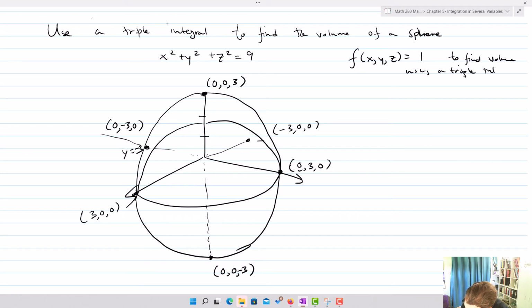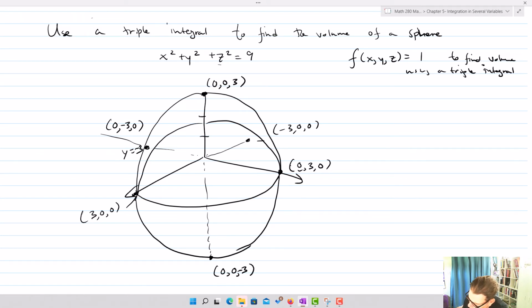Now I'm just going to set up the integral so that we can imagine what it looks like, versus actually evaluating the whole thing, because this figure is much better evaluated using spherical coordinates or cylindrical coordinates. It's just going to be a little bit of a mess.